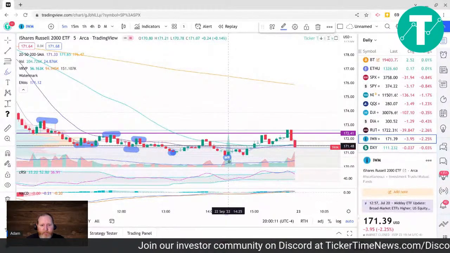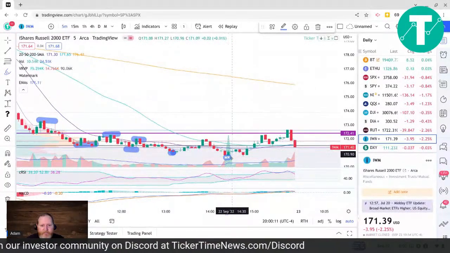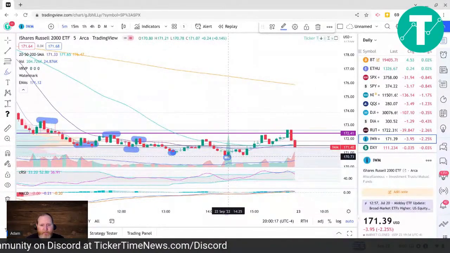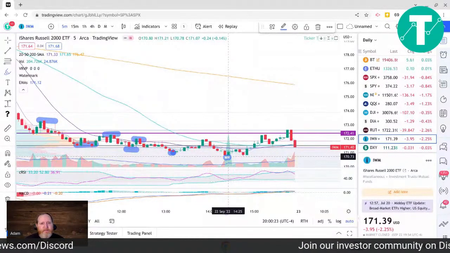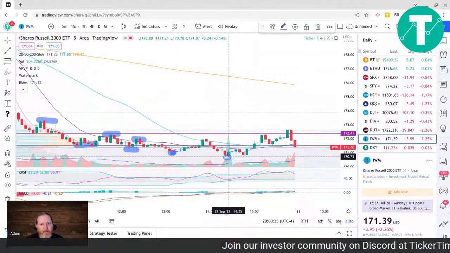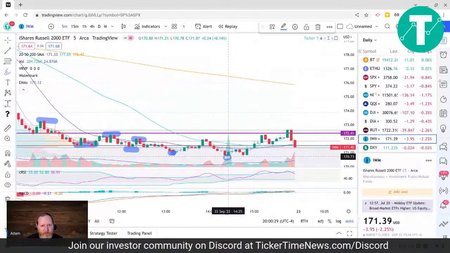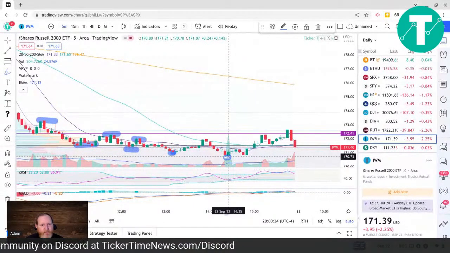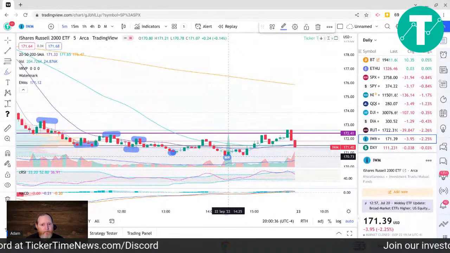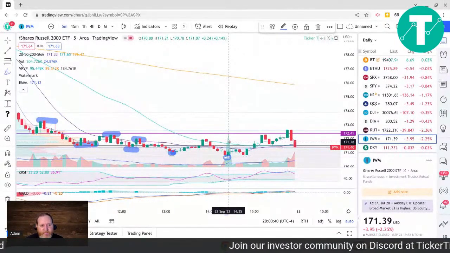You see that in the background? That was buyers stepping in on the IWM once it started to touch that gap. The low was 170, so it did get 1 point into the gap before a big burst of buyers stepped in and bought.